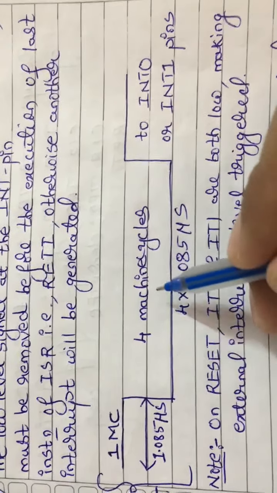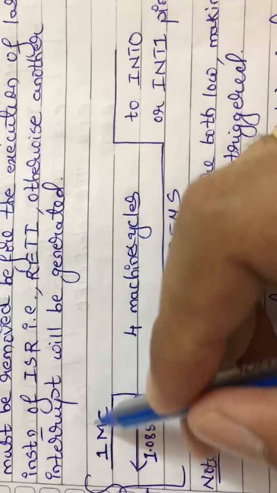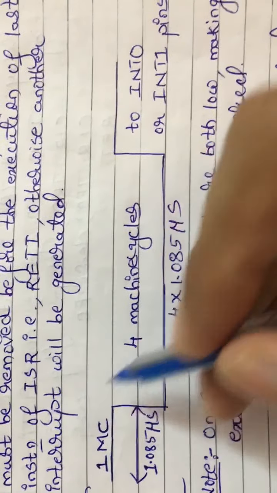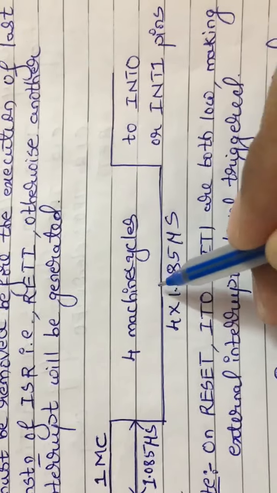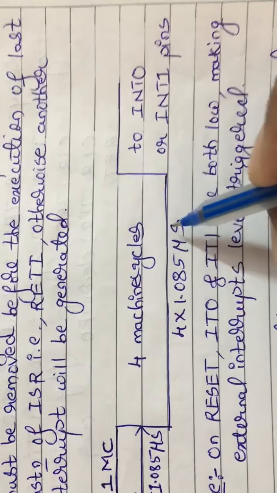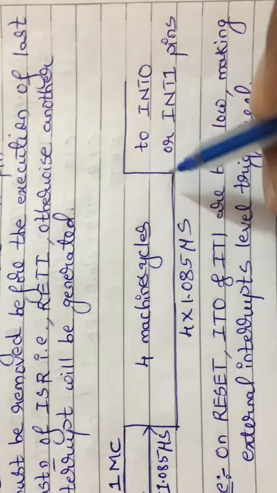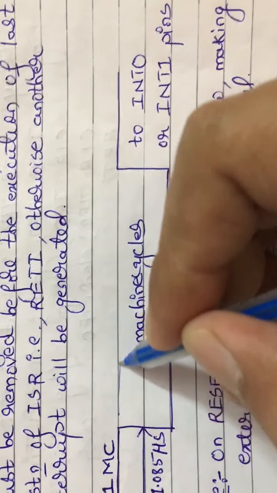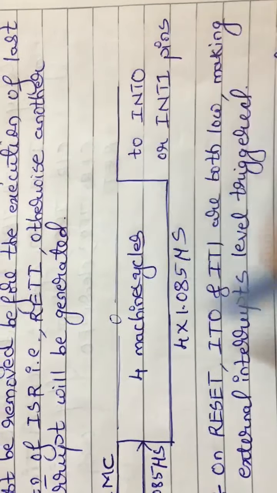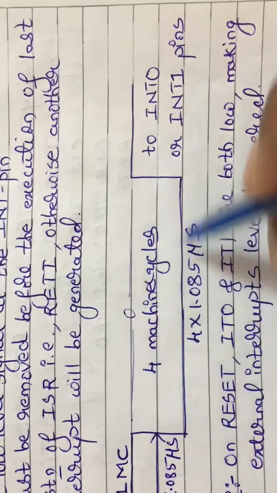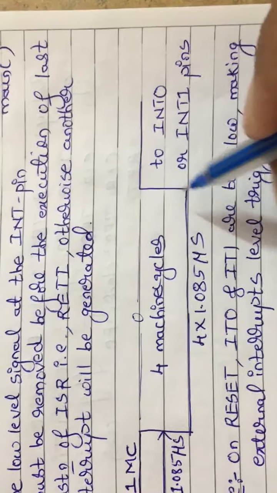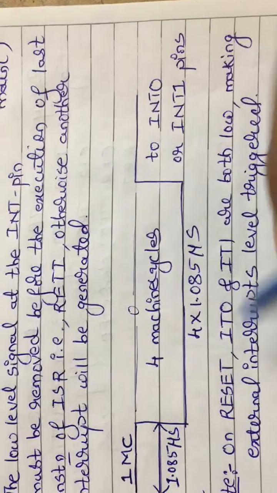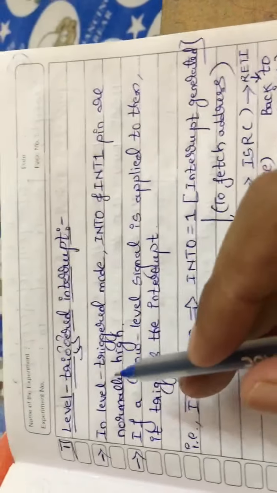So the 8051 will take 4 such machine cycles, 4 into 1.085 microseconds, to execute the low level triggering interrupt.